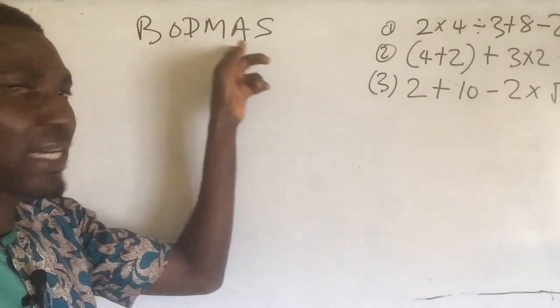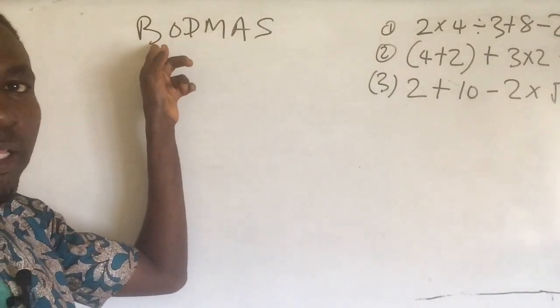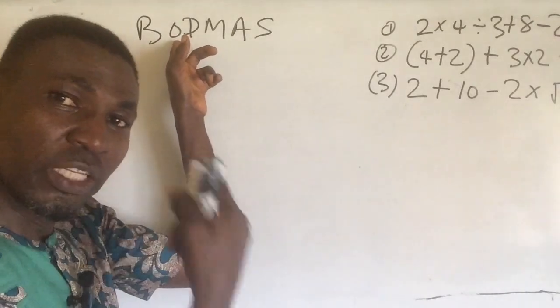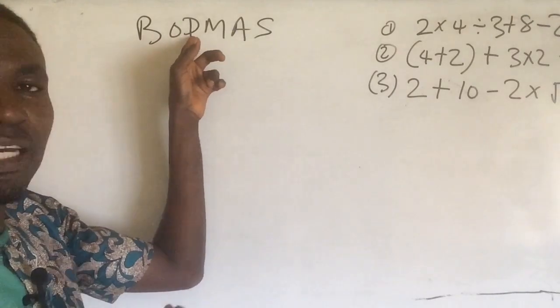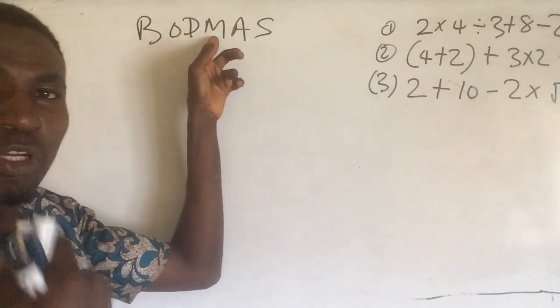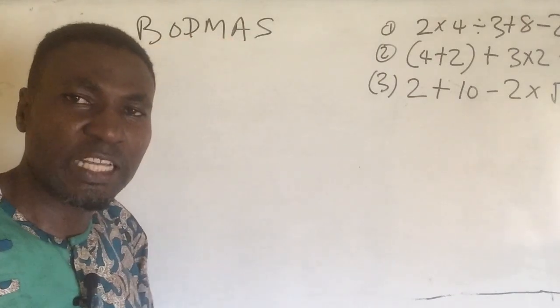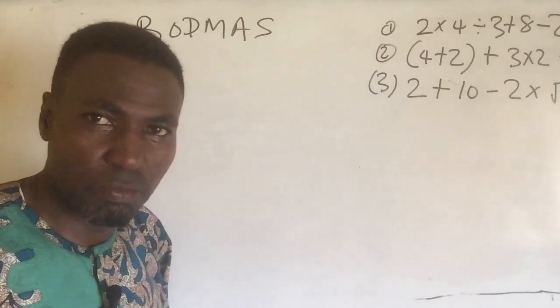B stands for bracket, O stands for any other sign, D stands for division, M stands for multiplication, A stands for addition, S stands for subtraction. That is what we call BODMAS.